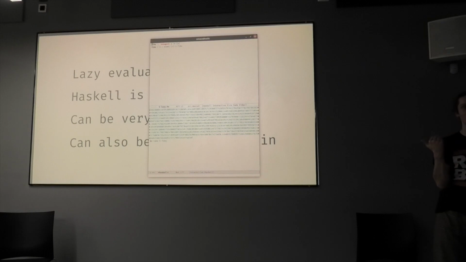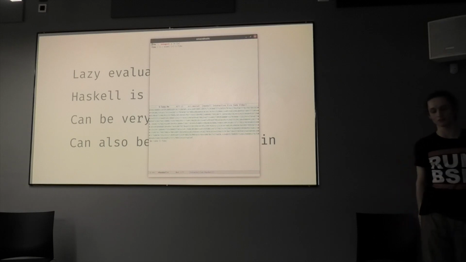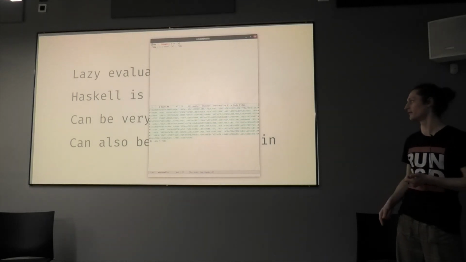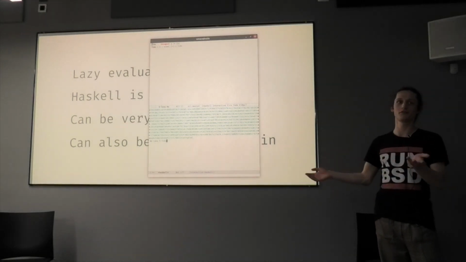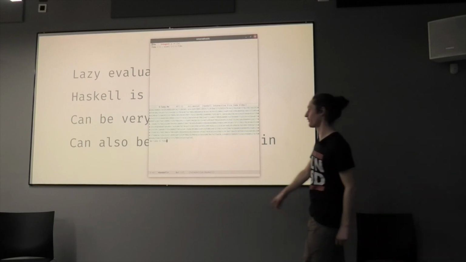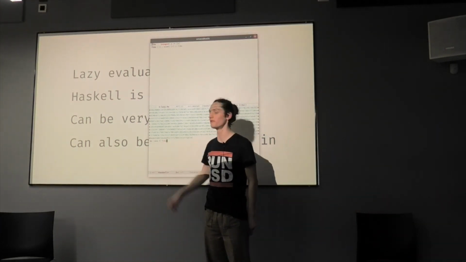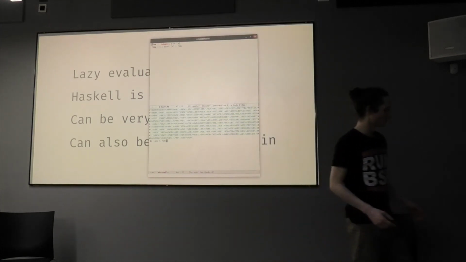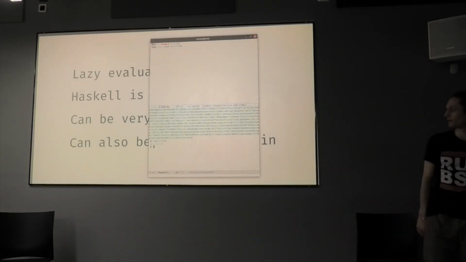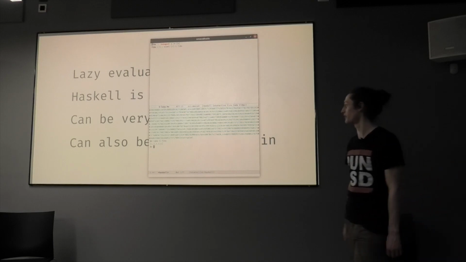Because it's an infinite list, in a strictly evaluated language where it evaluates everything straight away, this wouldn't work, right? It would just fall over as soon as you try to define the infinite thing. But here it's only ever going to look at the first 5, so the rest aren't gonna get evaluated, and so they won't cause any problems. So we just get the first 5 Fibonacci numbers straight away.